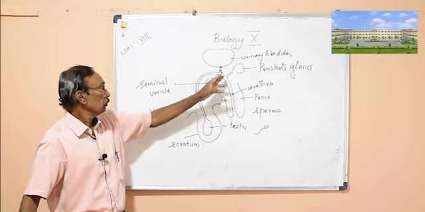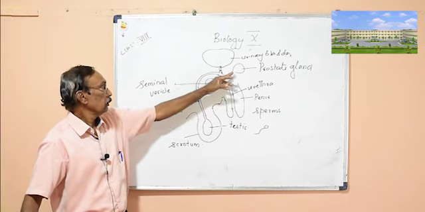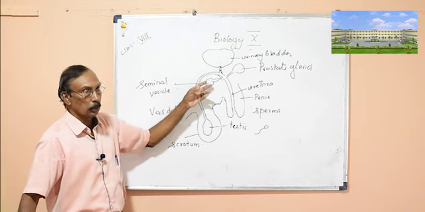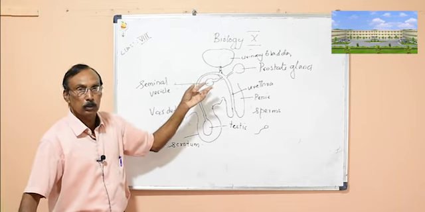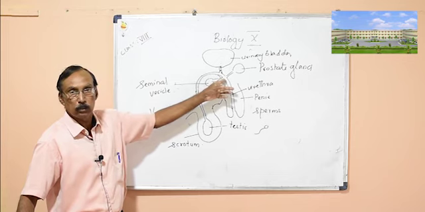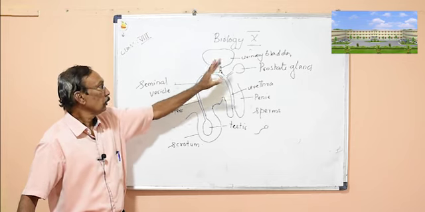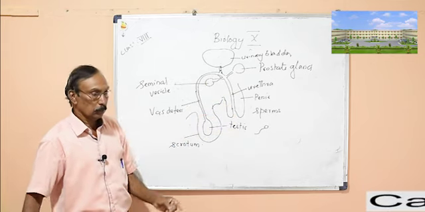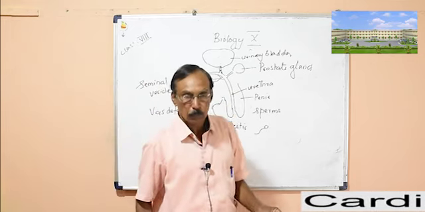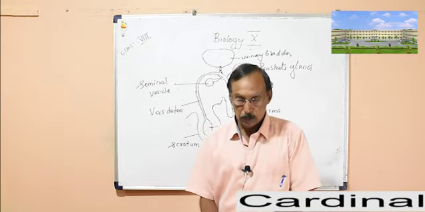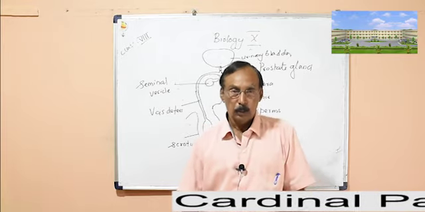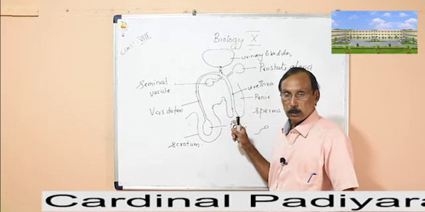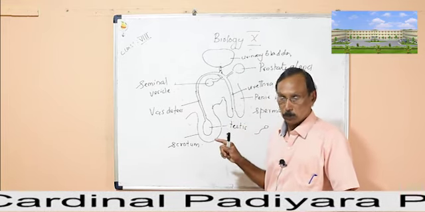When it reaches into the body, it has a connection with the two glands which provide secretions, and the sperm will mix with this secretion. The urinary bladder is also connected here. The function of this secretion is to provide food, nutrition, for the sperms, and it also helps the transport of sperms.